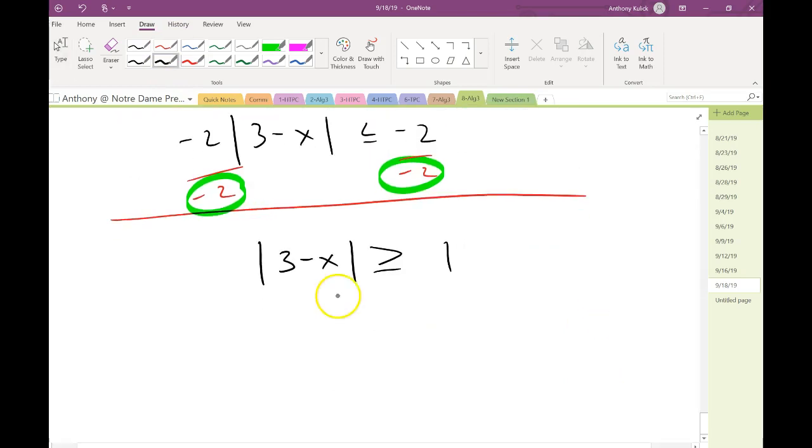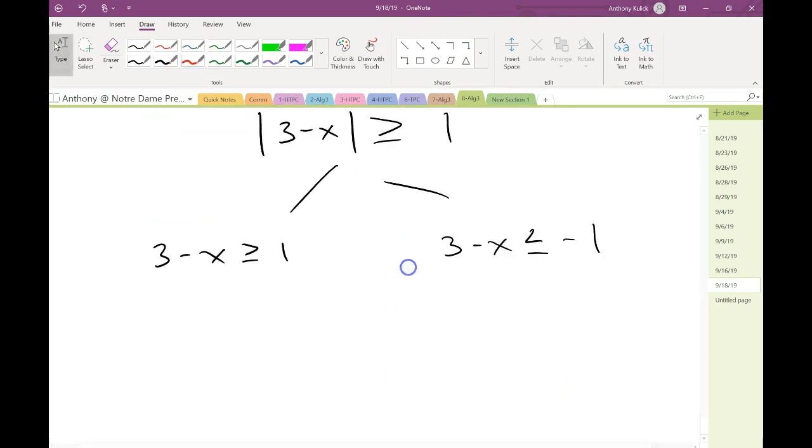Okay. We'll make my two inequalities then. The first one, nothing changes. The second one, the right-hand side negates, and again, I have to flip that inequality. Okay. So to solve, I'll subtract 3 from both sides.